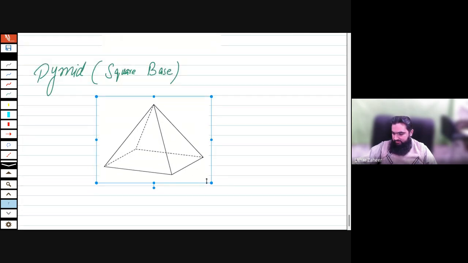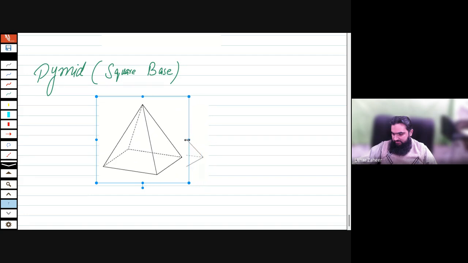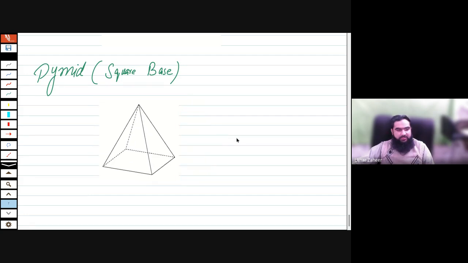Okay, now it is a pyramid. Let's say it is going to be a square base. All right. If it is a square base, obviously this point must be at the center of the square.